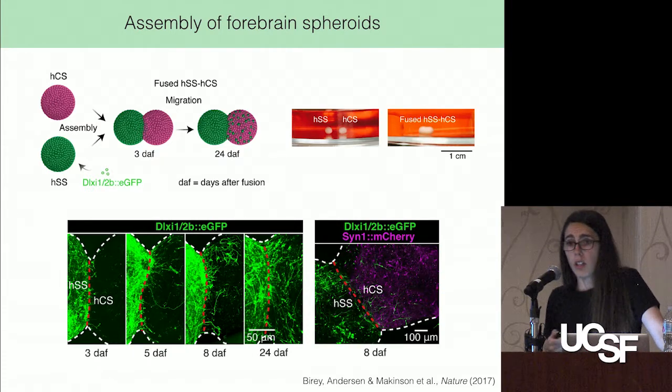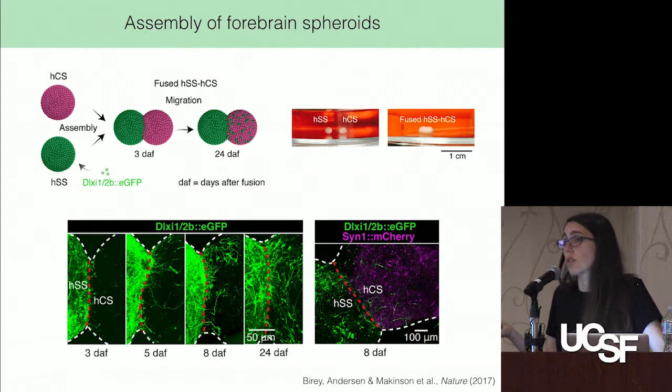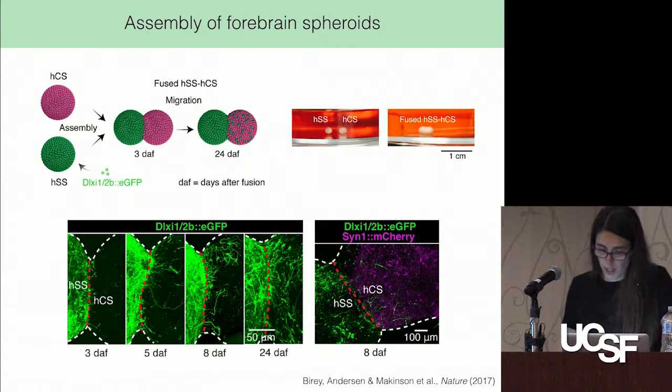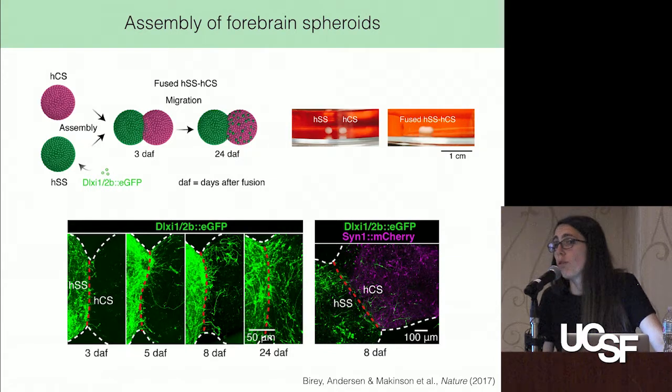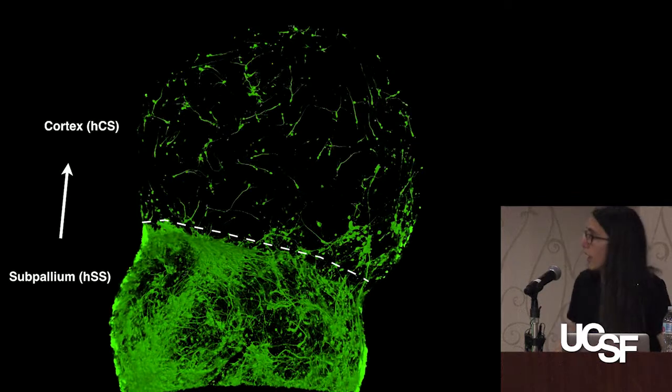This seems to be specific to the subpallium, because if we label the cortex with another reporter, we don't see cortical cells moving to the subpallial side. And so we can do live imaging and follow this migration over time. This is a video of what that looks like.